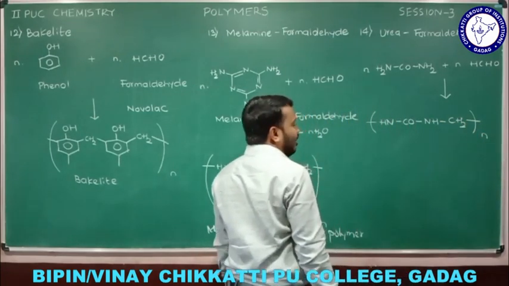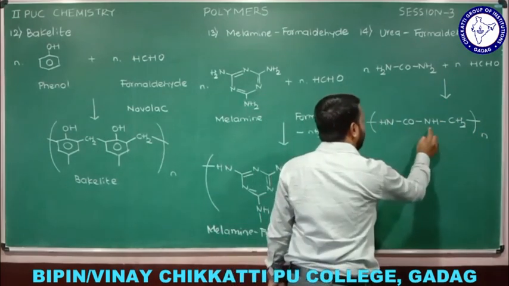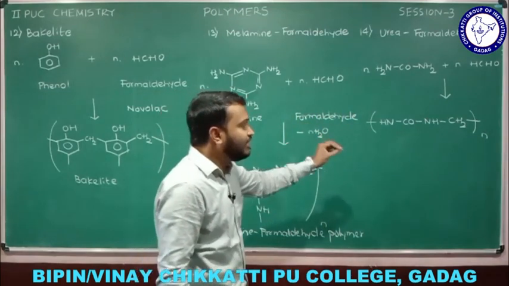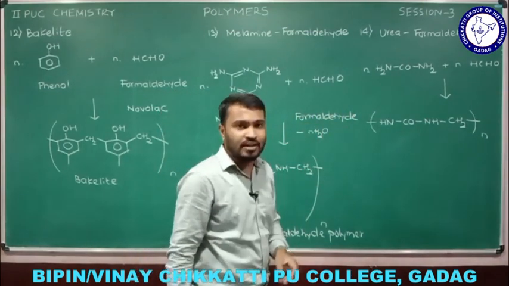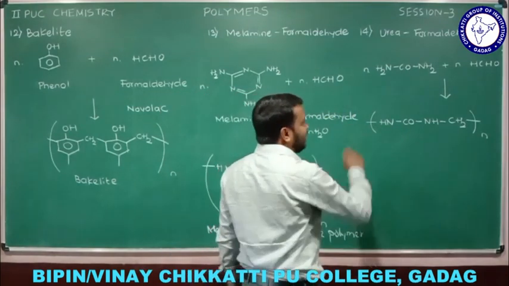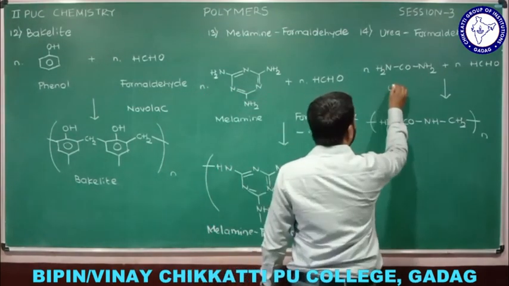Now I hope you can guess, in the middle of the polymer we have CONH, and I told you that if the repeating units are linked by a CONH bond, we call that kind of polymer a polyamide. So urea formaldehyde is an example of a polyamide.